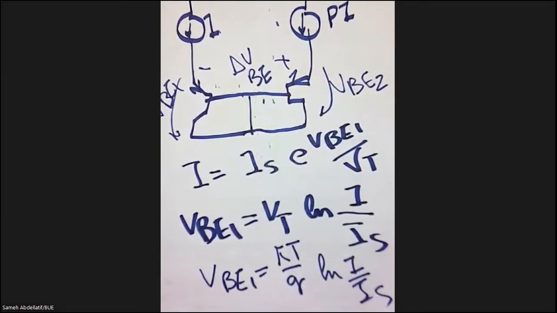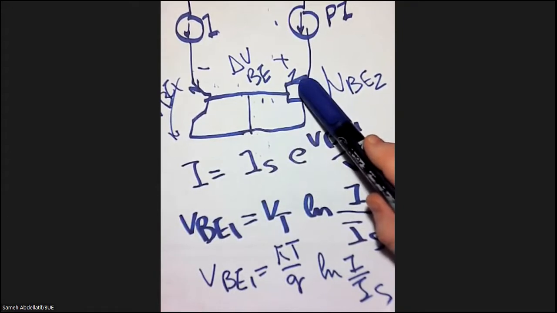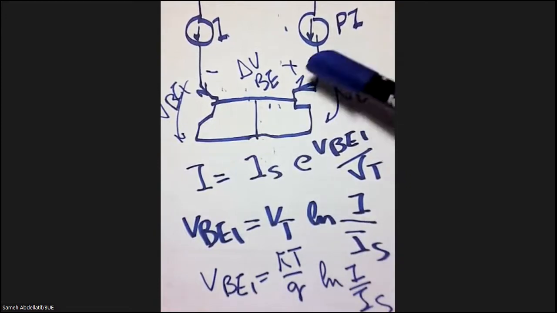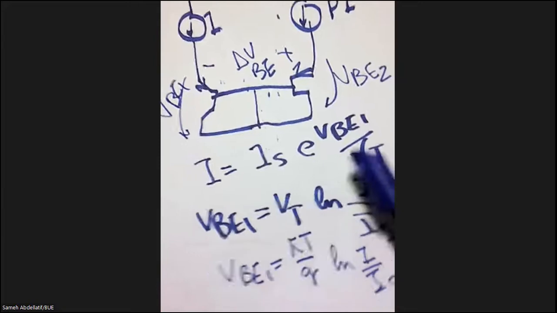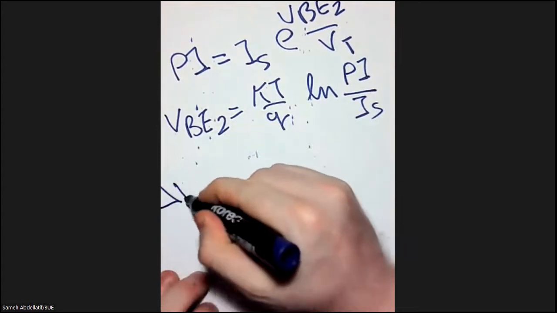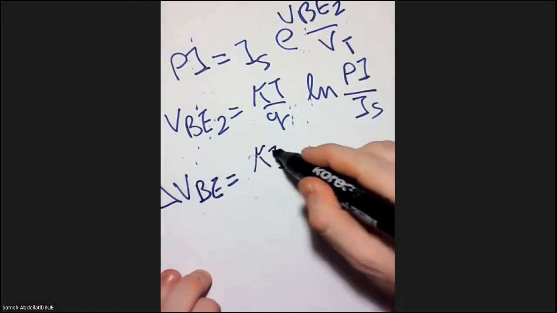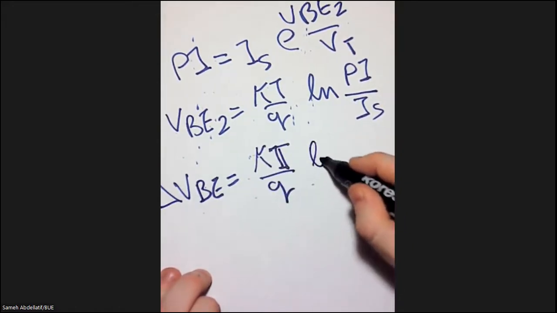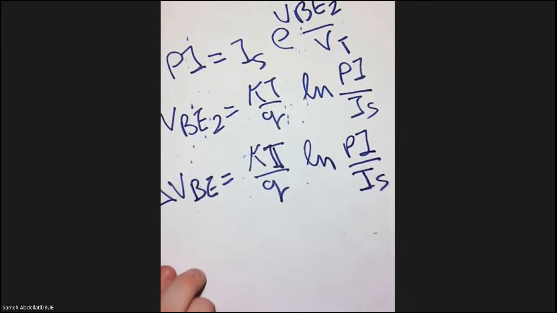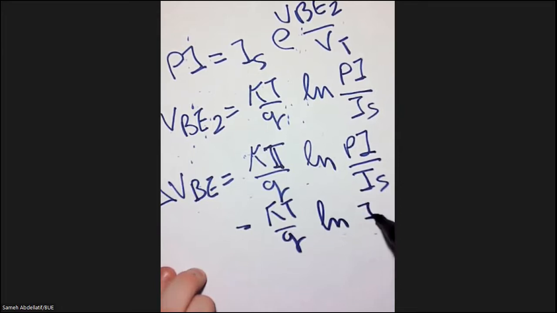And we define in the circuit, as you can see, what's called a delta VPE, which is VPE2 minus VPE1. So you can simply subtract VPE1 from VPE2 to get delta VPE. So delta VPE is equal to KT over Q ln P times I over IS, which is identically VPE2, minus KT over Q ln I over IS.